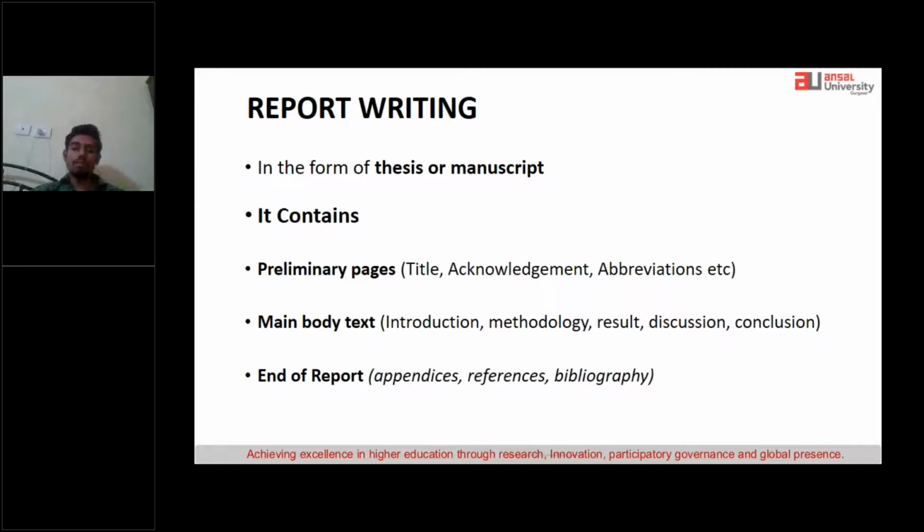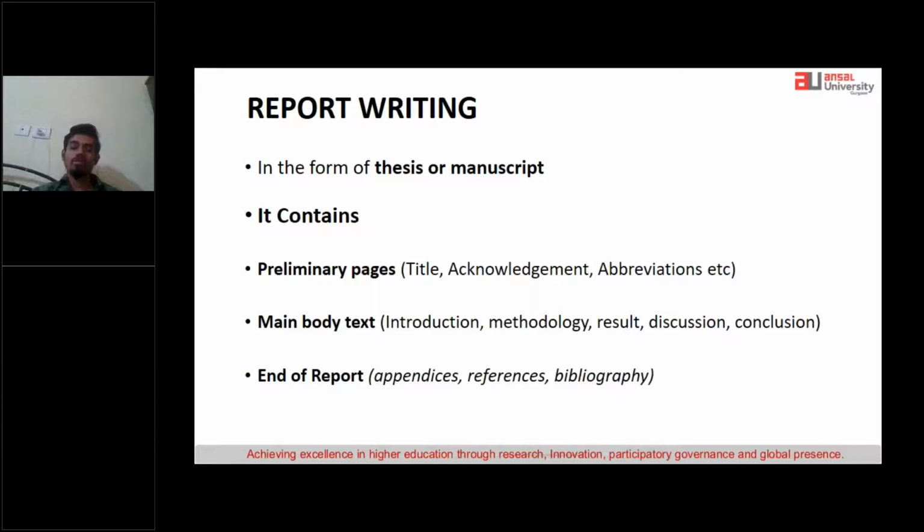Whether you're writing a thesis or a manuscript, these concepts are applicable; nowhere does it change. Even if you're writing a manuscript, the concept remains the same. The only challenge in writing a manuscript is that you have a word limit, whereas in a thesis you do not have any word limits, so you can write whatever you want.